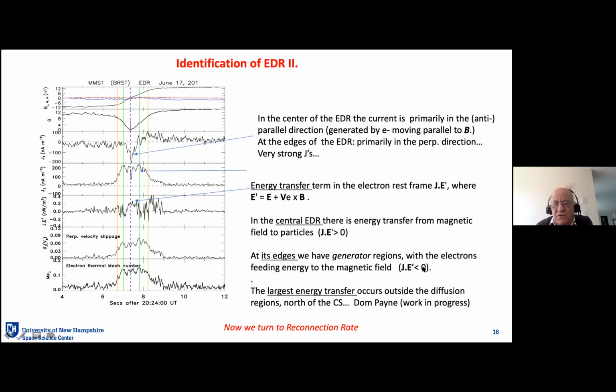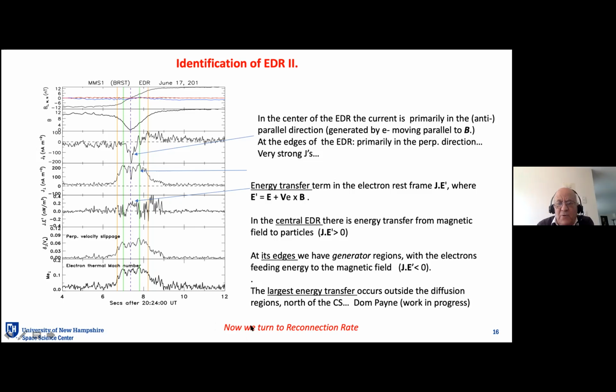Tom Payne will talk to you about this in some other seminar, I'm sure. And interestingly enough, the largest energy transfer is not actually happening in the EDR, but outside the EDR, where we see these so-called reversal of the flows happening.